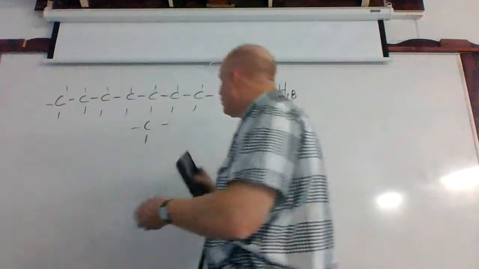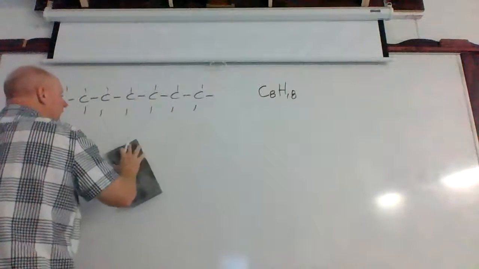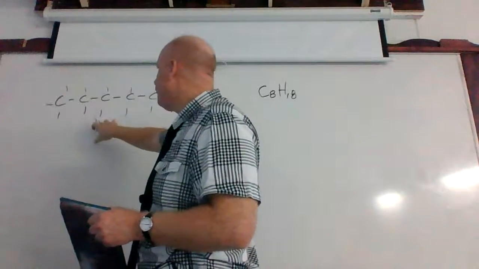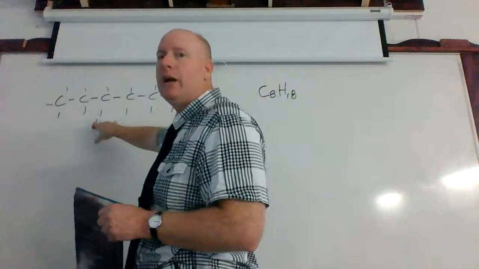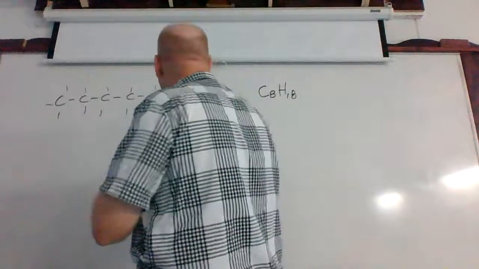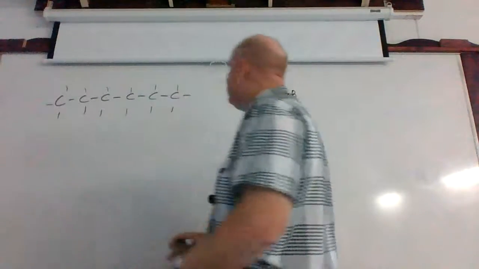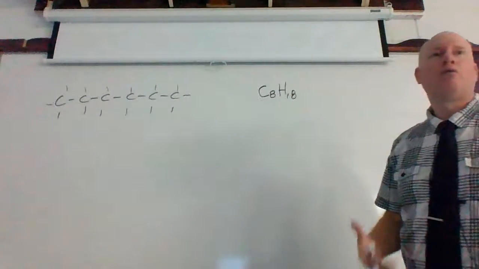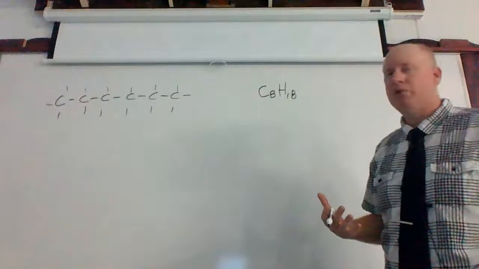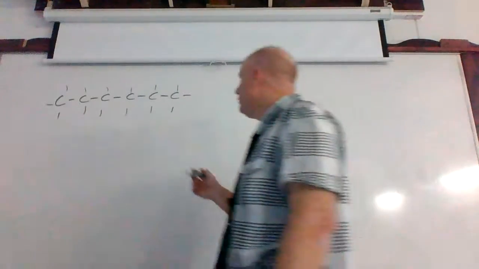Once we run out of that, we can't go any further, because then we're back to 3-methylheptane. If we take 2 carbons off, there's a whole variety of different combinations we could come up with. Could you put an ethyl group on there? Sure, we could do that right here.